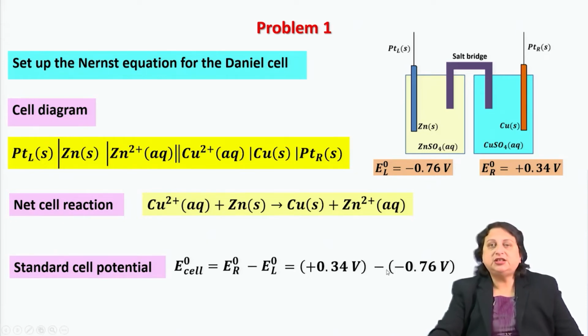Therefore, essentially I will be adding up 0.34 volt and 0.76 volt, and the answer would be E naught cell is equal to plus 1.1 volt.